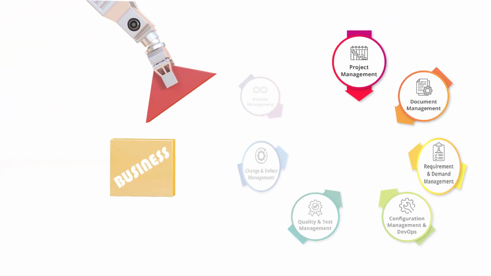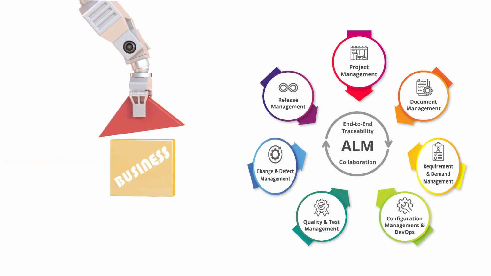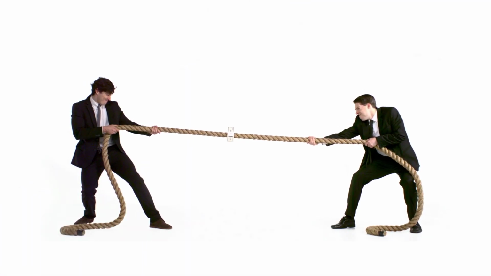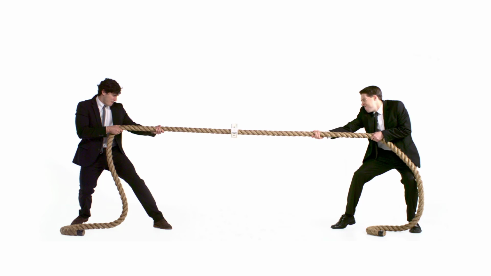Change-driven businesses realize the importance of an agile ALM environment. However, keeping your edge in today's innovation economy can be tough if your teams are struggling with disconnected tools and hampered communication.